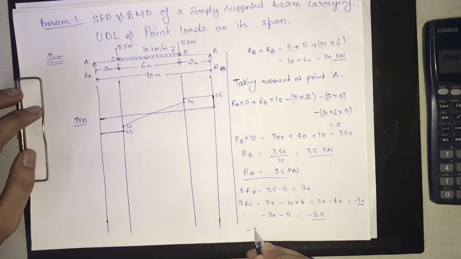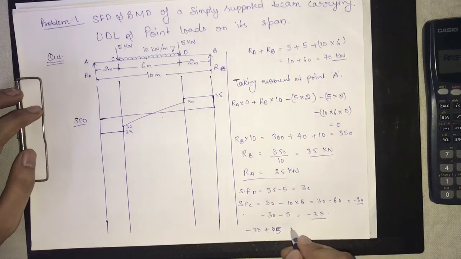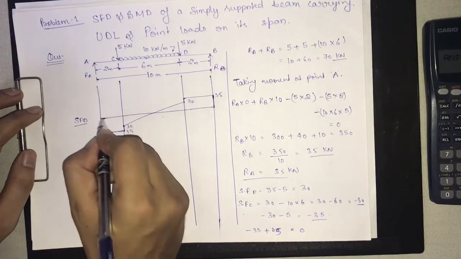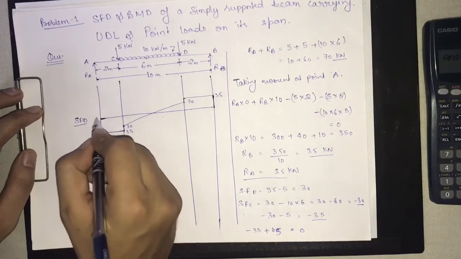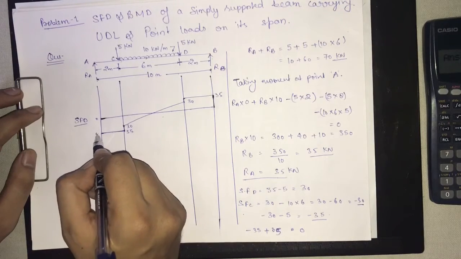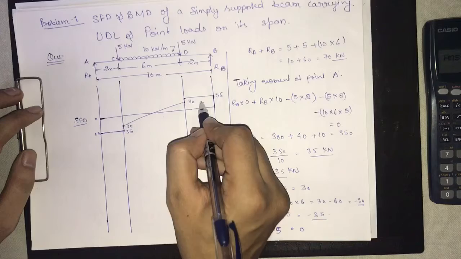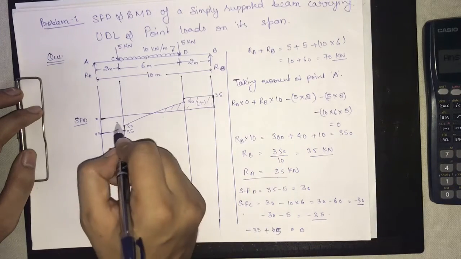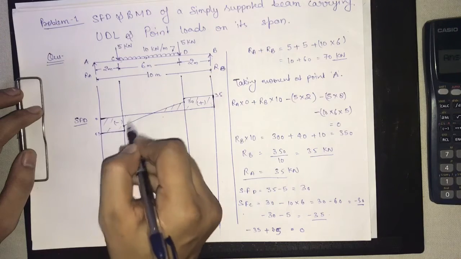So minus 35 plus 35, because this is the upward force and we are taking upward force as positive, so it becomes 0. It will now reduce to 0, 35. So this portion is positive and this is negative.